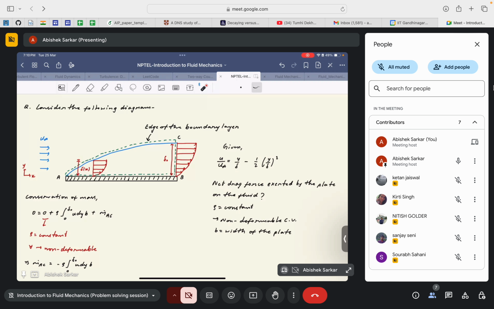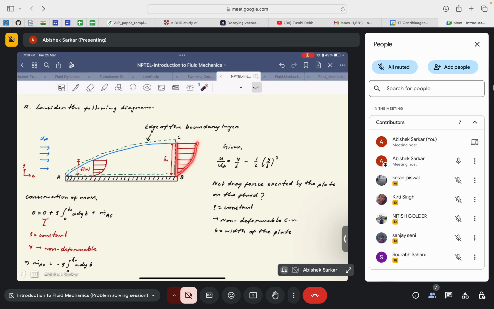So the question is, this is a boundary layer problem. There is a flat plate and fluid flows above this flat plate, which generates this boundary layer, and the velocity profile at the rightmost edge of the plate is given by this particular shape.